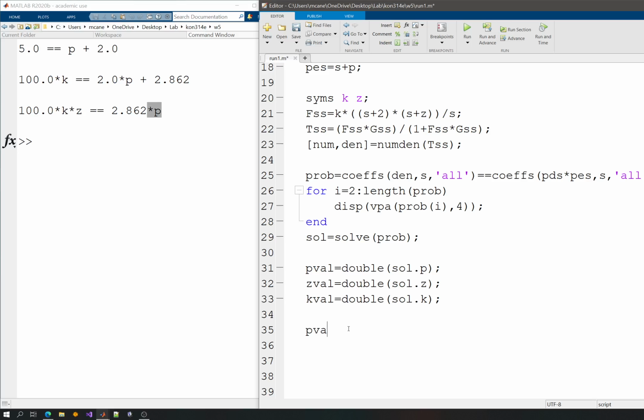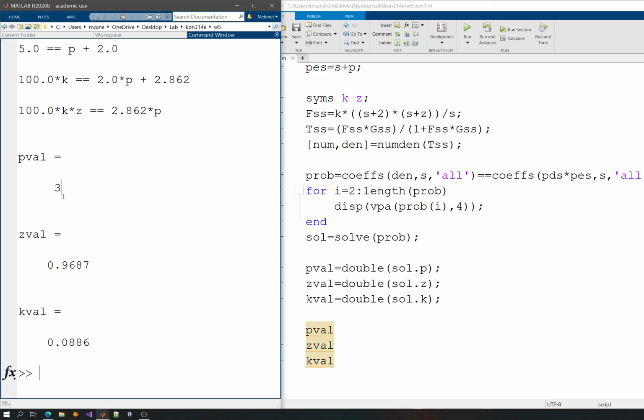Now I can visualize what my parameters are, which I tried to calculate just by looking at it. I can see that this is 3, I can see that this was the case, and z is 0.9687. First of all, I can see that my p-val is positive, which is nice information, since my PDS is stable.